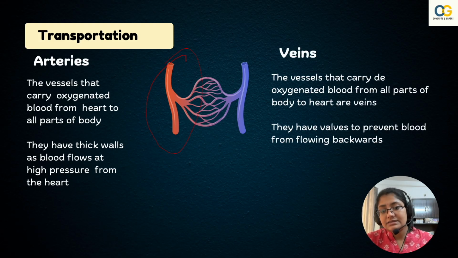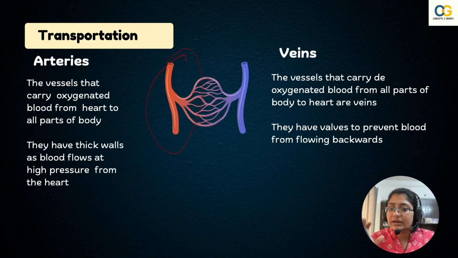And veins carry deoxygenated blood from all parts of the body to the heart. It's very 8th class to say pure blood and impure blood. You're in class 10th, you have to use the words oxygenated and deoxygenated blood, because ultimately there is no pure or impure blood. Oxygenated blood is carried by arteries, deoxygenated blood is carried by veins.